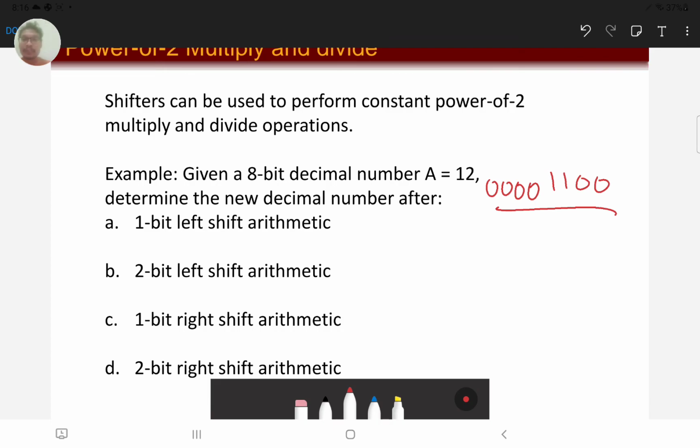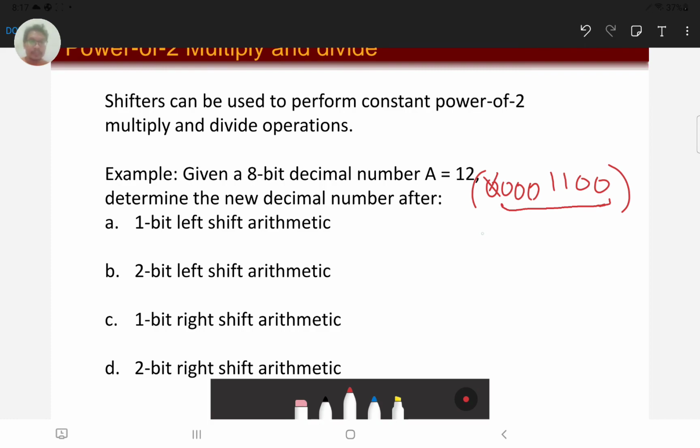So this is our 12. If you do a 1-bit left shift of this binary number, we are shifting it to the left, meaning we take this part, discard this, and bring it to the left.